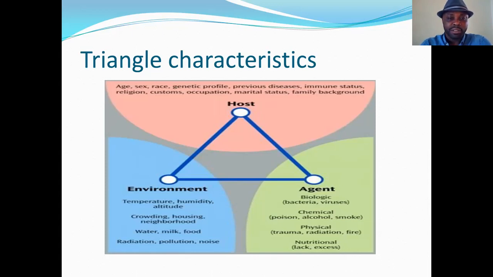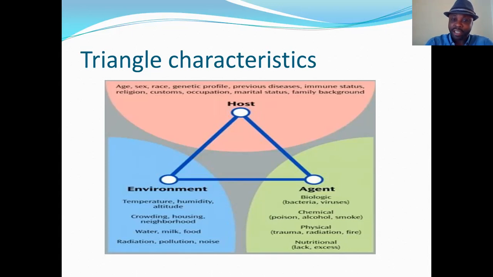All these factors determine the susceptibility of the host to infection. The environment looks at the temperature, the altitude, the humidity of a place, overcrowding, housing, neighborhoods, the water we drink, the food we eat, radiation, pollution, and noise. All these factors constitute what we call environmental characteristics that make one susceptible to disease or infection.